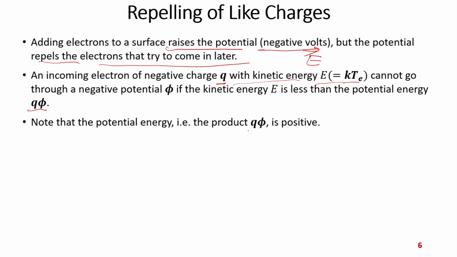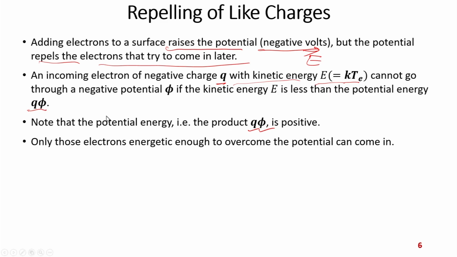Okay, so here phi, it is an electron, so q is negative, and since the spacecraft is negatively charged, q phi is positive. So only those electrons energetic enough can overcome this potential, come inside this sheath and get accumulated on this spacecraft. What will be the condition? The condition is that this E, the kinetic energy, has to be greater than q phi.